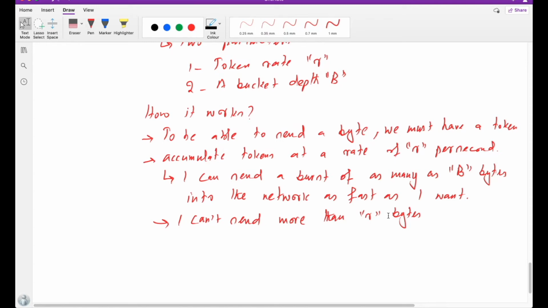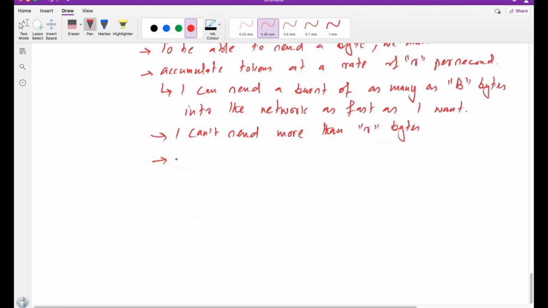So it turns out that this information is very helpful to the admission control algorithm as well.